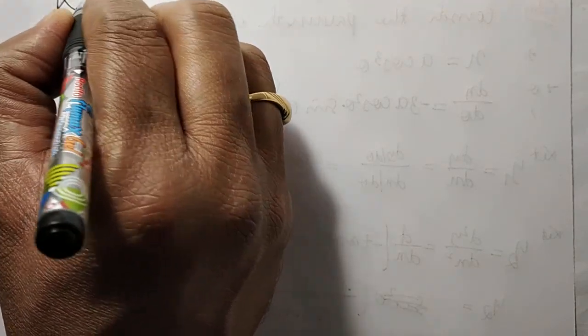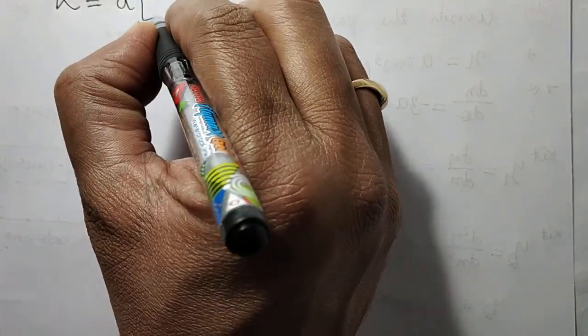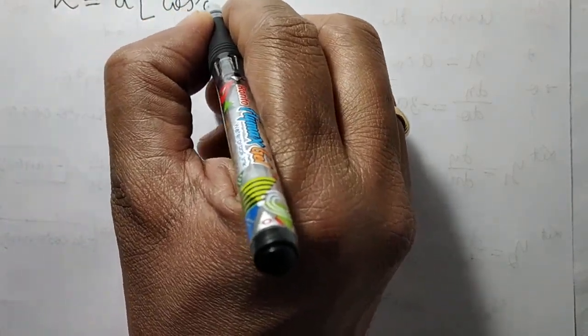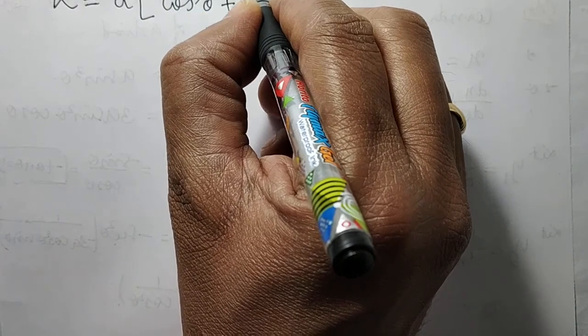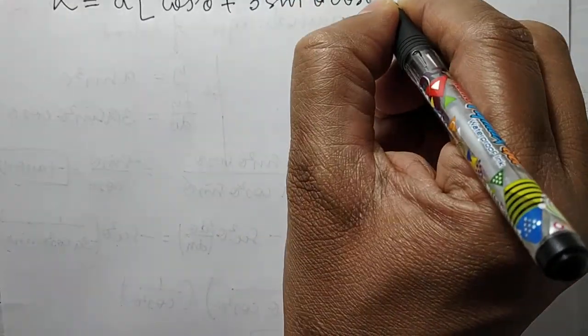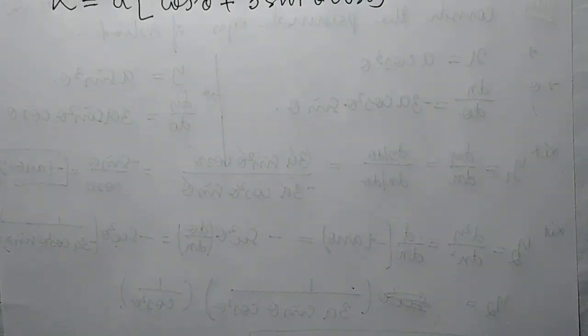Fine. Anything common? A is common. Take it out. Then inside the bracket it is cos cube theta plus 3 times sin square theta into cos theta. This is the value of alpha.